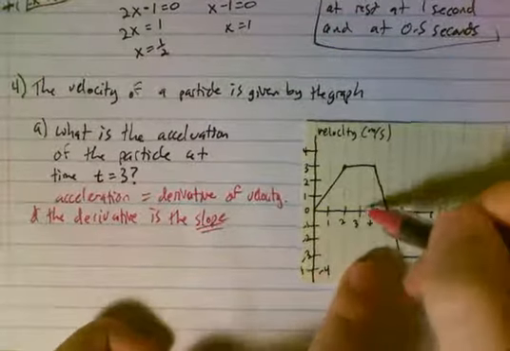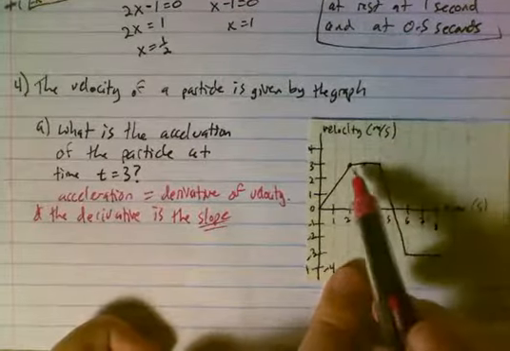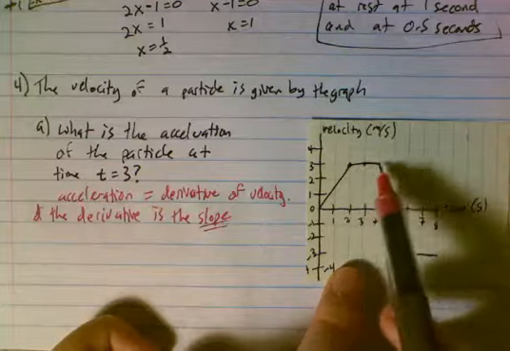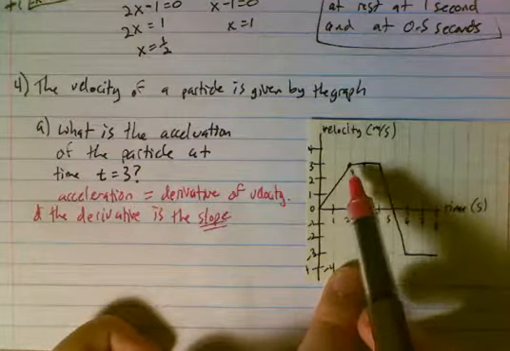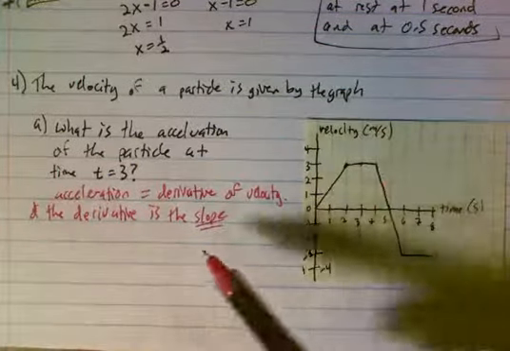So when we go up here to where time t equals 3 right here, what we want to do is say, what's the slope of this line? Well, this curve is flat, the rise is 0, so it's a slope of 0 right here. So our acceleration is simply 0.